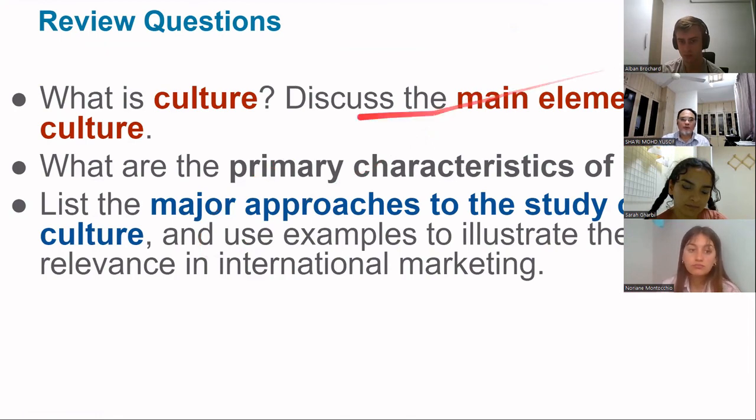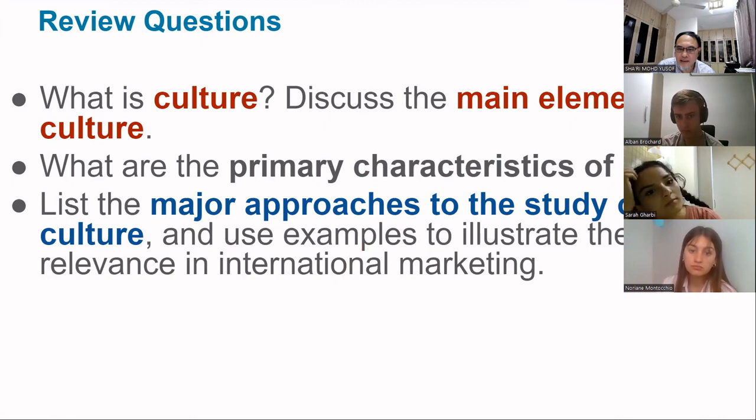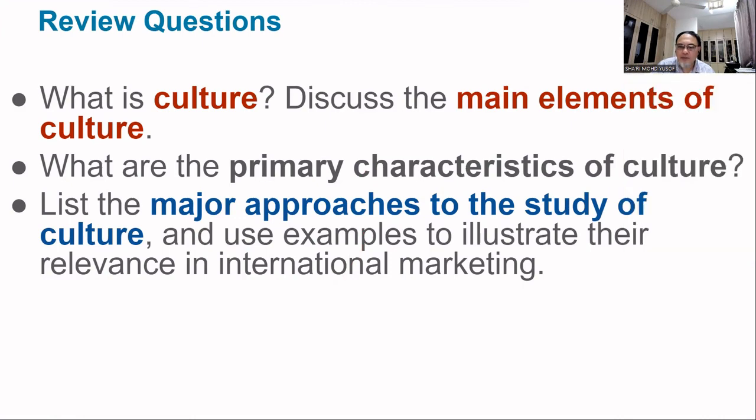Some questions are given at the end of the chapter about the things we have discussed. What is culture? Again, that's why in the beginning I said it is a difficult and sensitive subject matter. What are the main elements of culture, the primary characteristics of culture, and the major approaches to the study of culture, which is the cluster approach, as well as the Hofstede cultural dimensions?